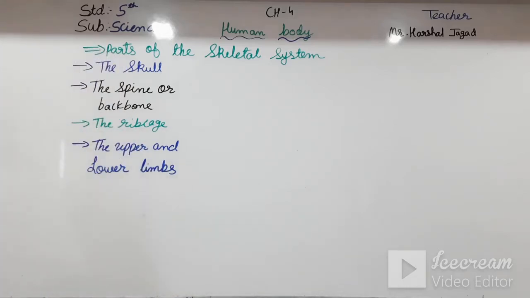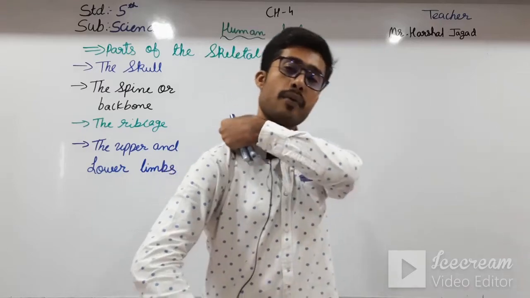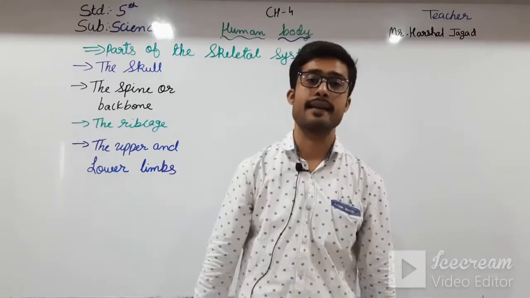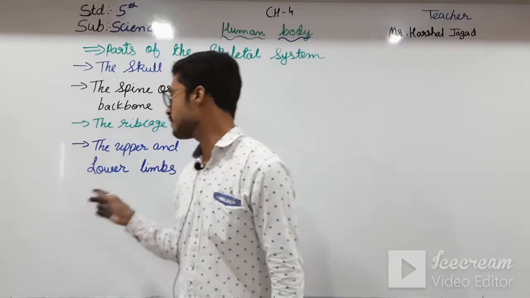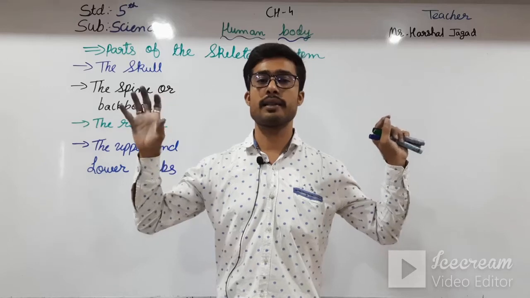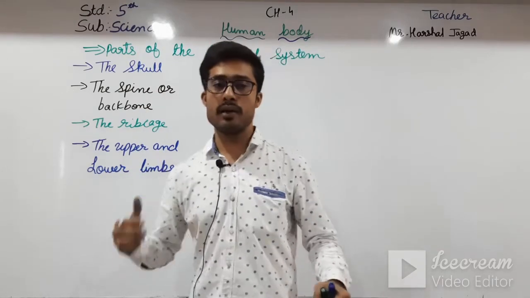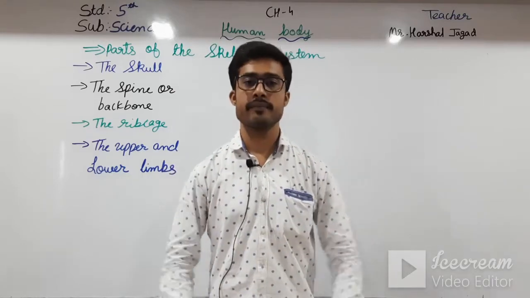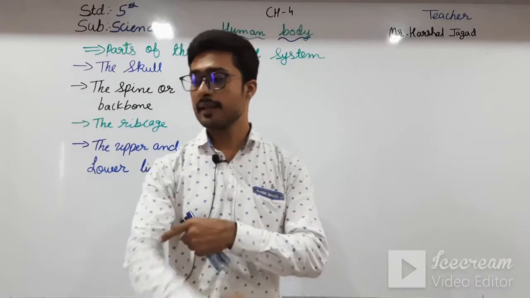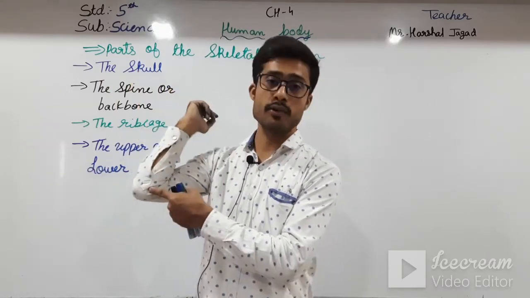See here, now they are just talking about the limbs, means these bones, and about the legs. Okay students, now we are talking about the upper limbs, means the hands and the bones which are in the hands, and the lower limbs, means the legs. You can see here, from the knee we can bend this leg. Why? Because there is a joint over here.